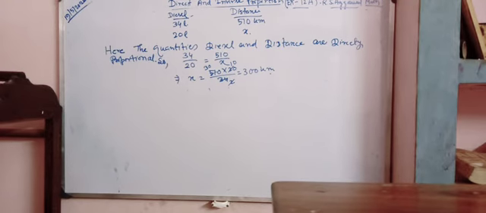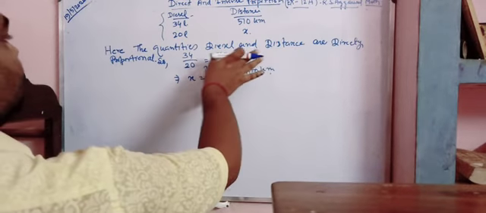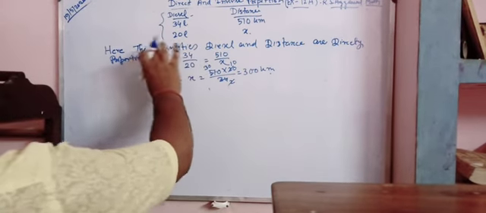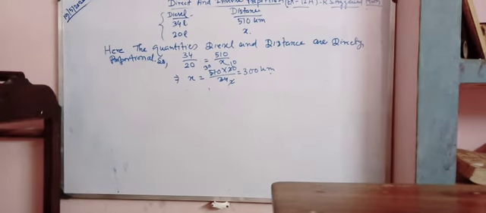More rupees, we travel more kilometer, and less rupees, we travel less kilometer. So the proportion is direct proportion. First we have to make a chart, then write that these are directly proportional, then the values are like that, equal to. Next, move to another question.